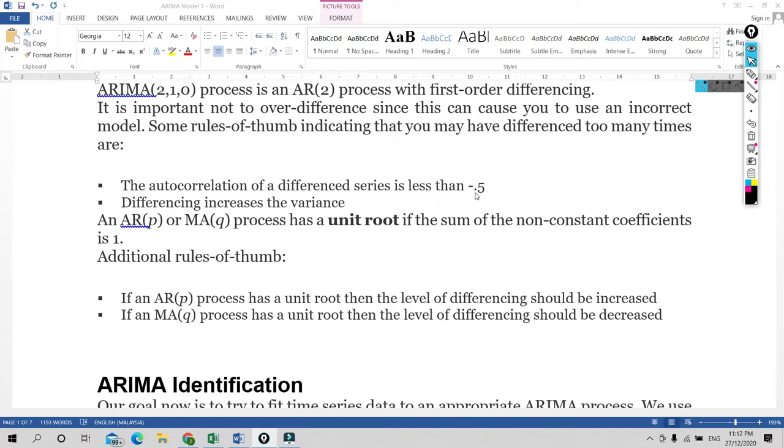Now, if you calculate the AR and MA model, you have a unit root. This is a unit root. I will explain what a unit root is later.